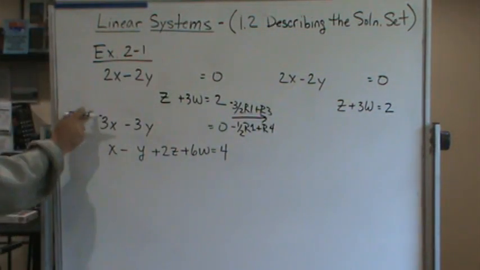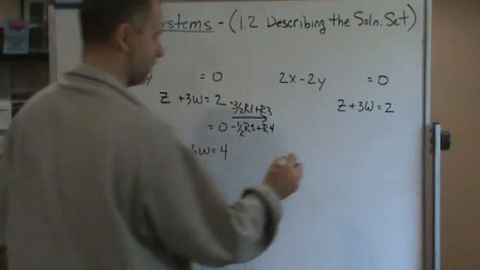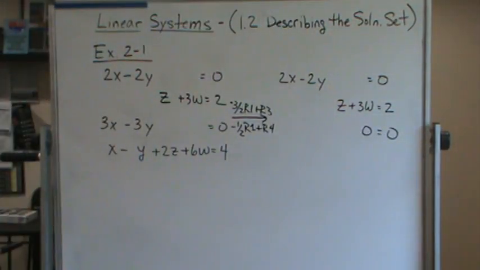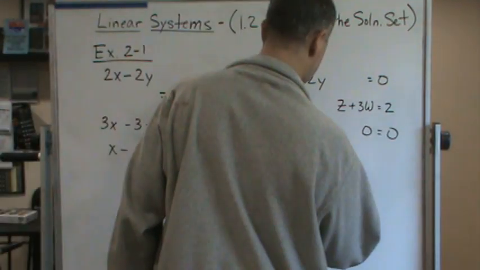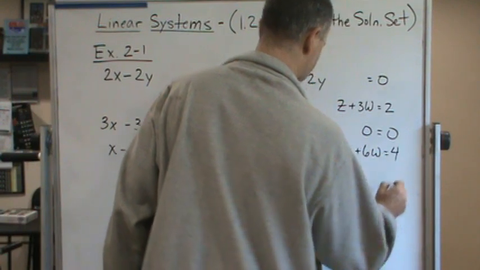Then these variables are going to go away, and we end up with 0 equals 0 for row 3, and we end up with 2z plus 6w equals 4.